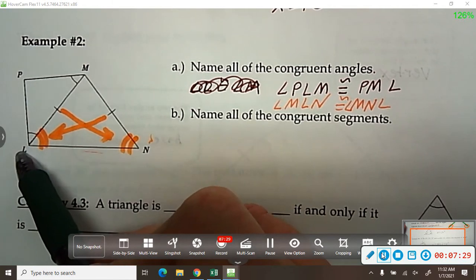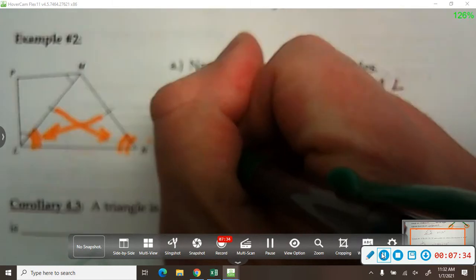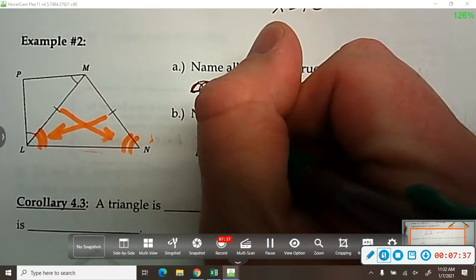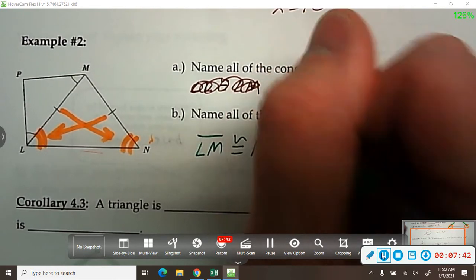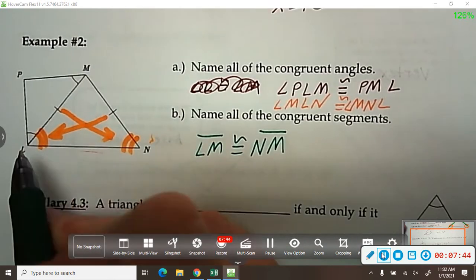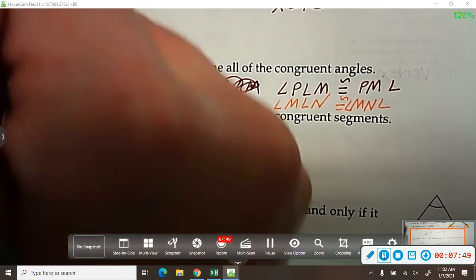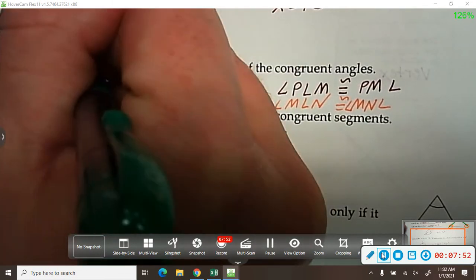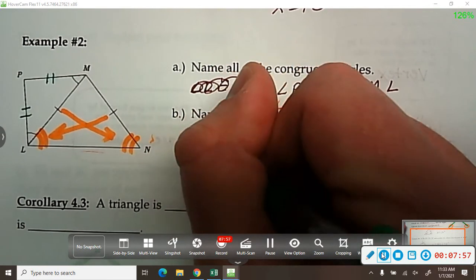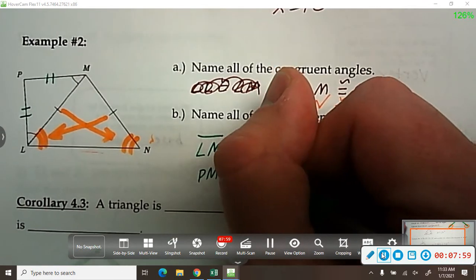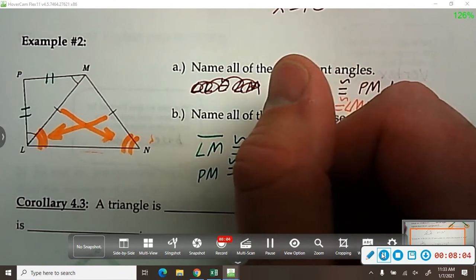I can also see that LM is congruent to MN. And then if these angles are congruent, then the sides opposite those are congruent, so that I know that PM equals LP. I should call that PL.